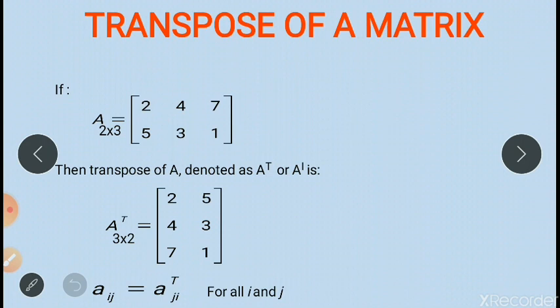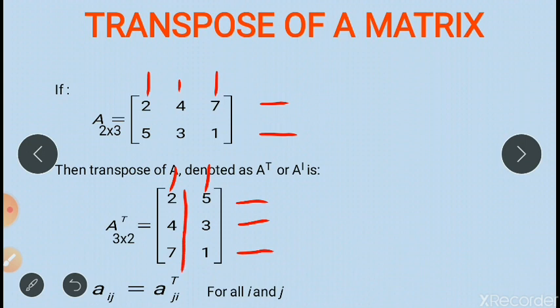If you have 2 rows here, we'll get 2 columns in the transpose matrix. If you have 3 columns in the A matrix, we'll get 3 rows in the transpose matrix. 2, 4, 7: the first row will be written as the first column. The second row will be written as the second column.